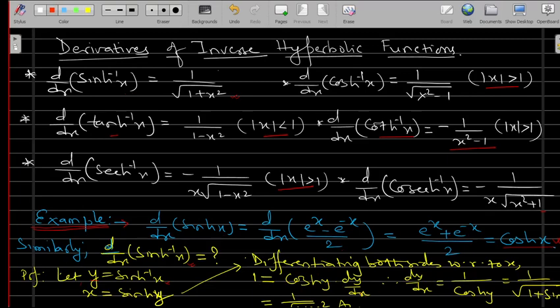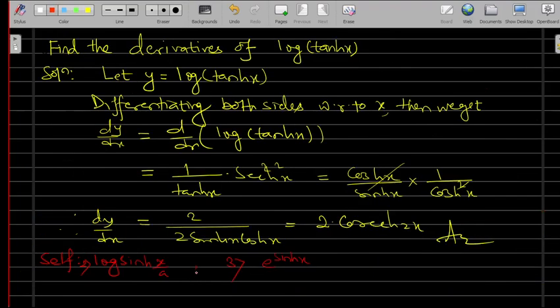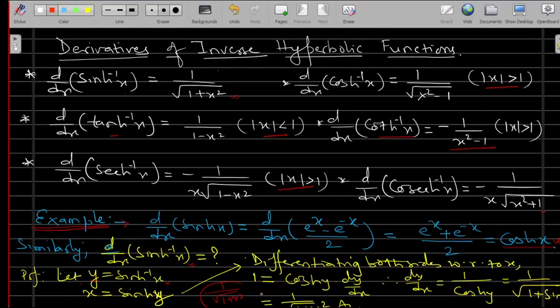Then dy by dx equals 1 over cosh y, equals 1 upon root under 1 plus sinh square y. Here sinh y is x, so that is 1 over root under 1 plus x square. This is the derivative of sinh inverse x.